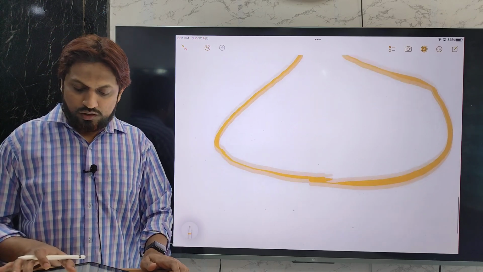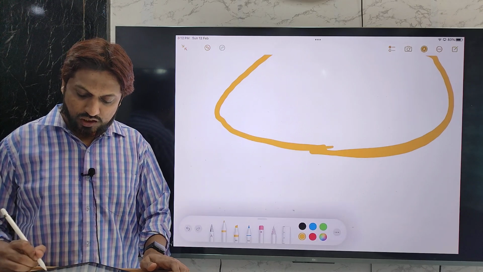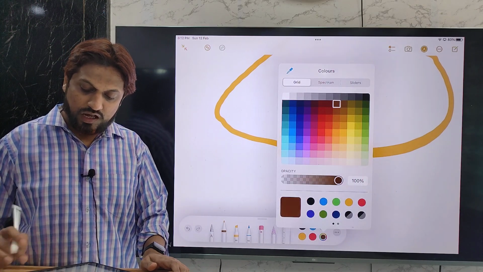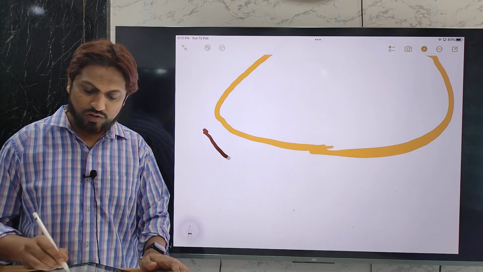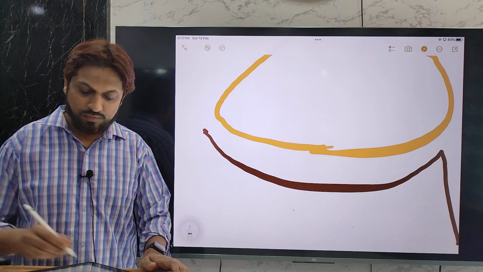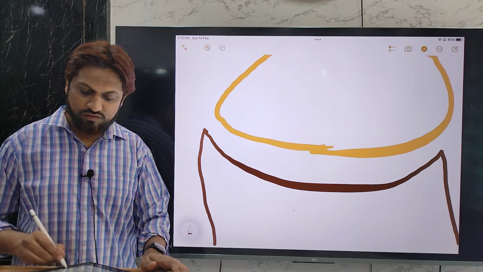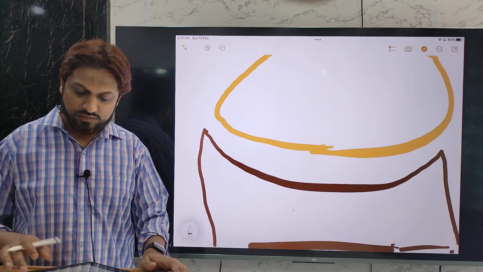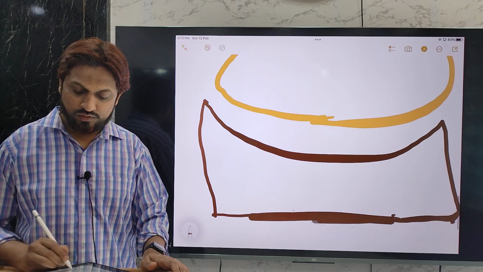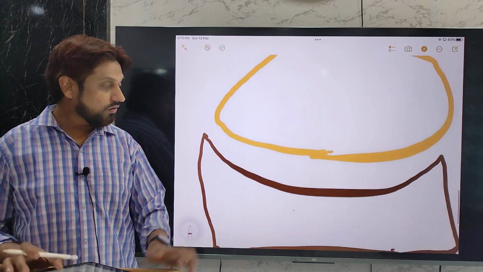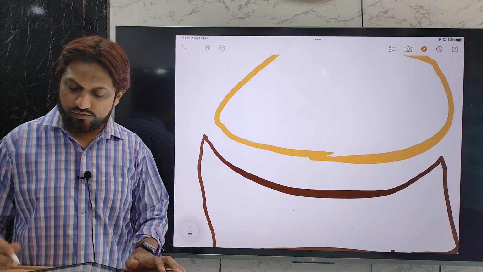Now, with the help of this brown color, I am going to draw a muscle cell, where it is uniting with this neuron. Just a rough diagram. This is a muscle cell, uniting with the neuronal cell membrane.